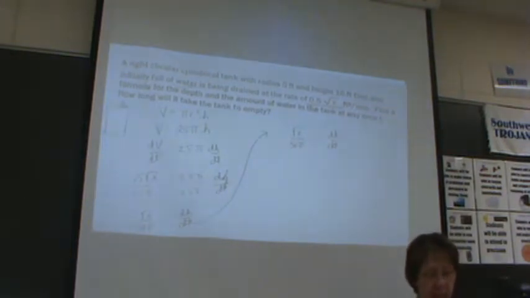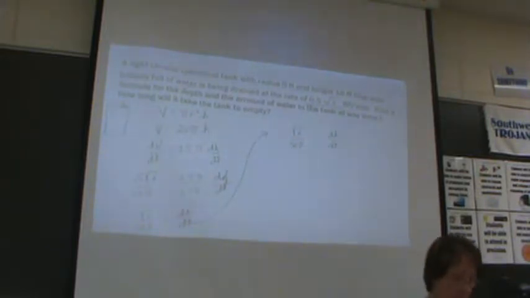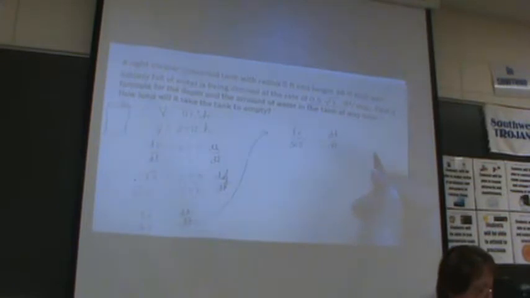But what we want to solve for is x. Can we put anything in for dH/dt? Zero. 16. Because it's going to empty.